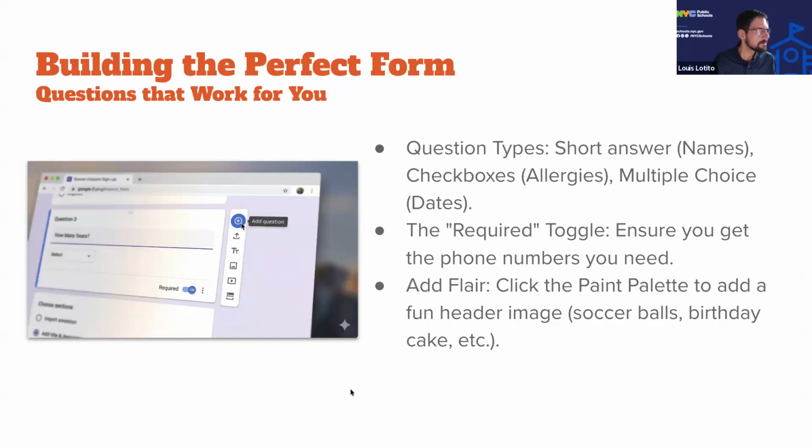So let's talk about building the perfect form and collecting the information that you need. What questions will work for you? The first thing I want to talk about is that there are different question types when setting up a Google form. You don't only have to create questions where families have to type in information.